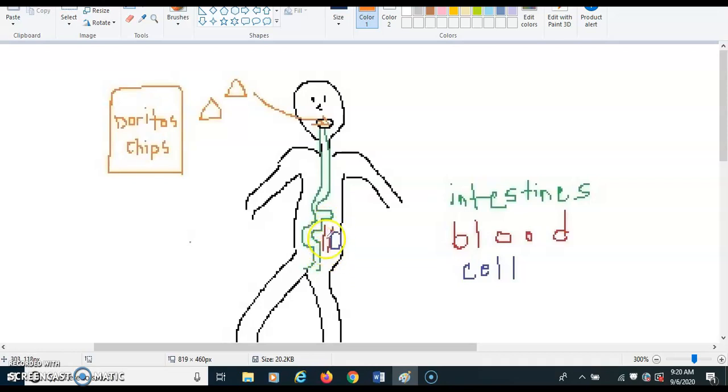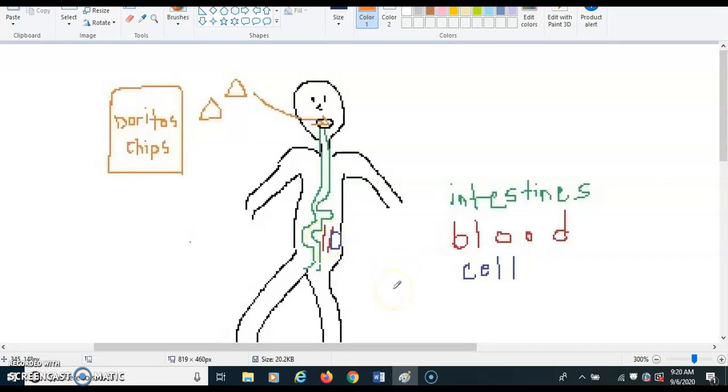So the blood in this case is our example of something that's outside the cell. And then the cell, of course, is representing what's inside the cell. Okay, so normally we have solute concentration equal between these two, inside the cell and outside the cell.